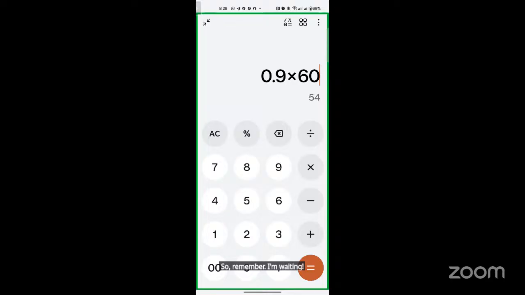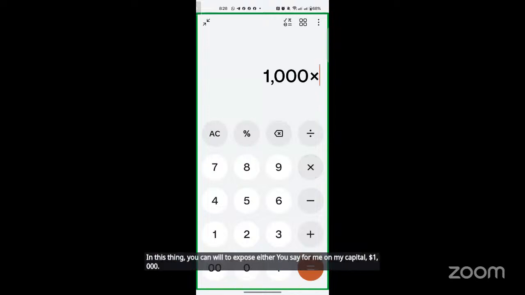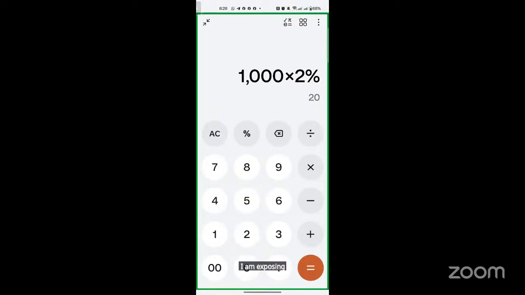So remember, in this thing, you can choose to expose, say, on my capital of $1,000, I am exposing 2%, which will be $20, or I'm exposing 10%, which is $100 of my money. Maximum.